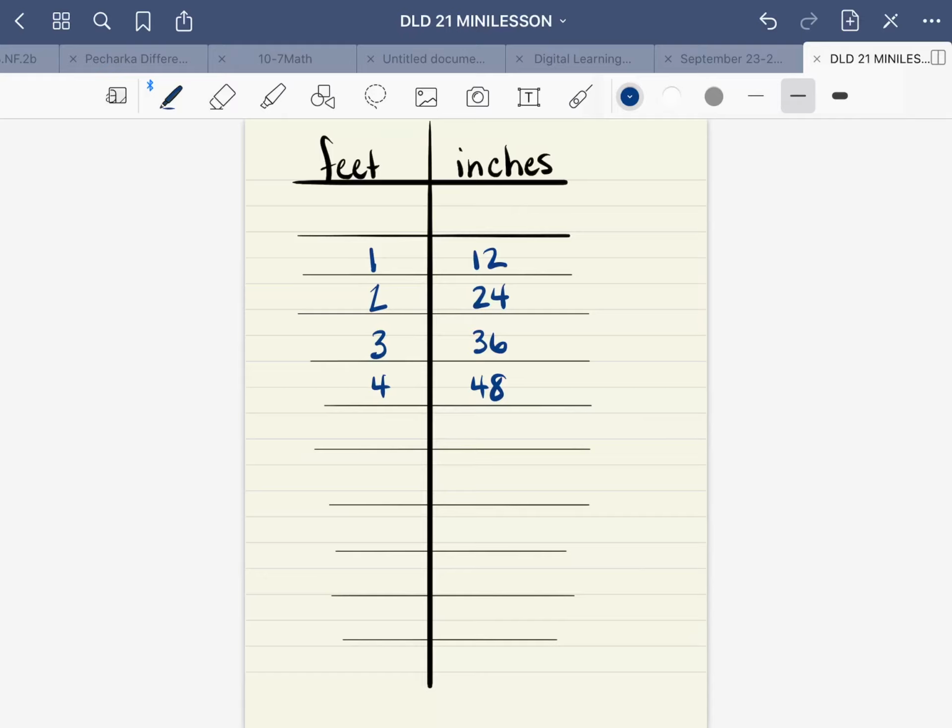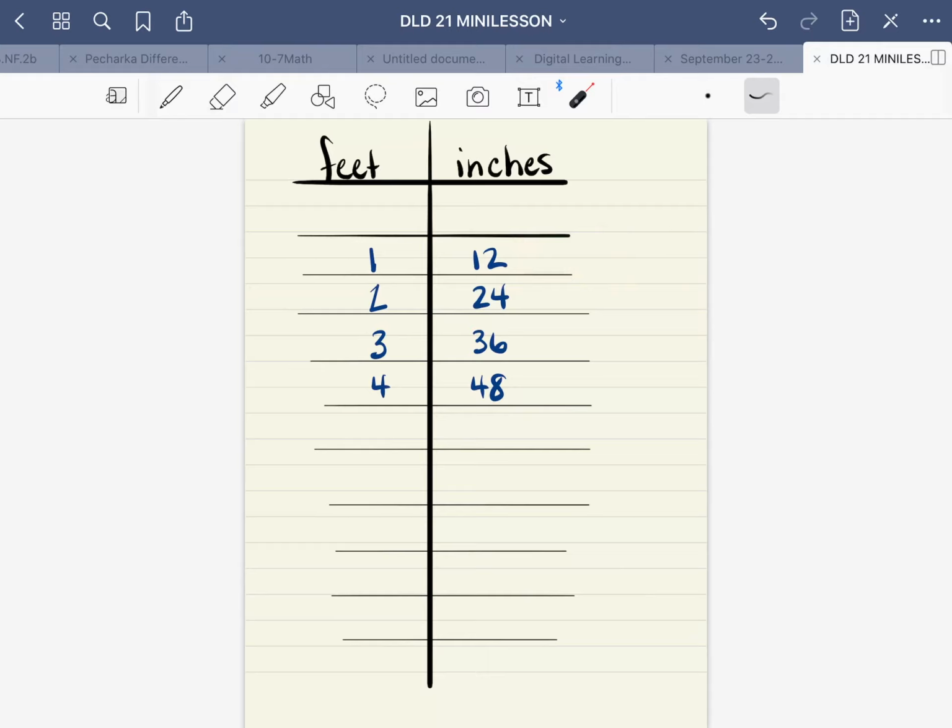And I stopped there. And I said, I noticed the pattern that every time I added 1 foot, I also added 12 inches, right? I added 12.